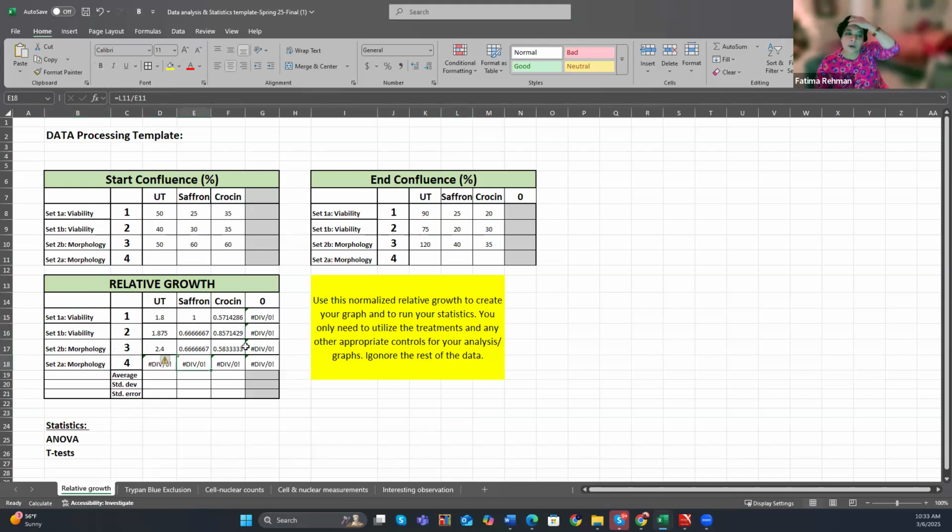Okay, so let's go ahead and get started. Now if we were to look at our end confluence by itself, let's say we had no information about this part, right? We didn't have a start confluence. And if we just compared these, what conclusions would you draw from it?